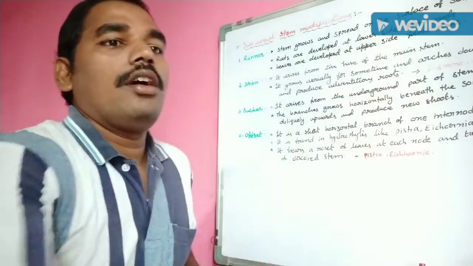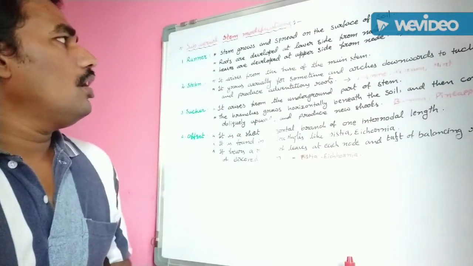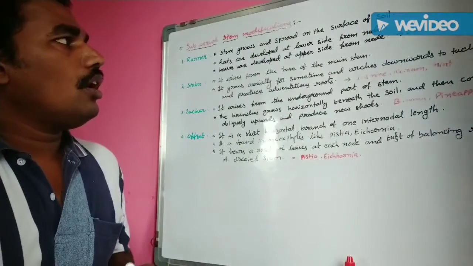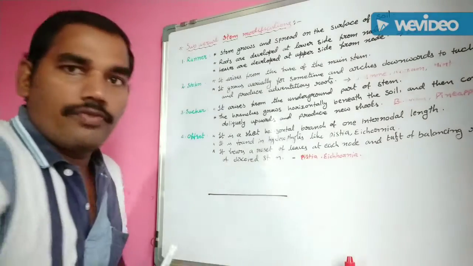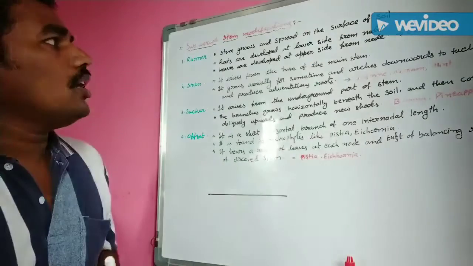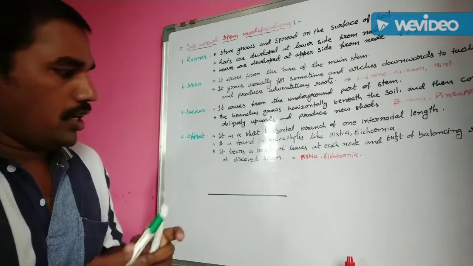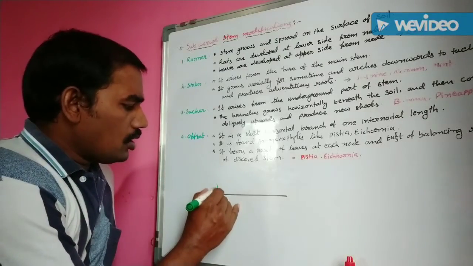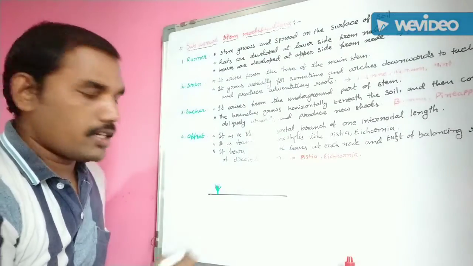Runner. The stem grows and spreads on the surface of the soil. This one is the soil surface. Next, roots are developed at the lower side of the node. Suppose this one is a runner plant.